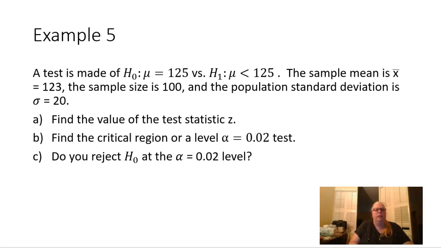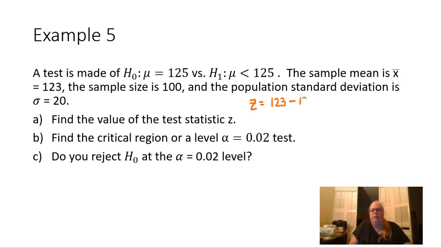All right, let's see. Z, our test statistic, is going to be our sample mean, here it is, 123, minus mu 0. We can find that right here in our null hypothesis.